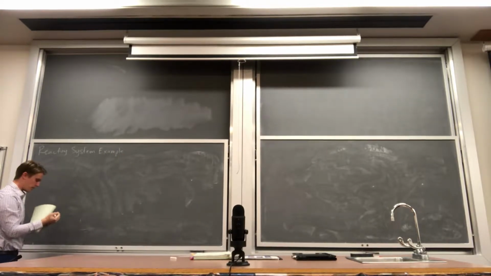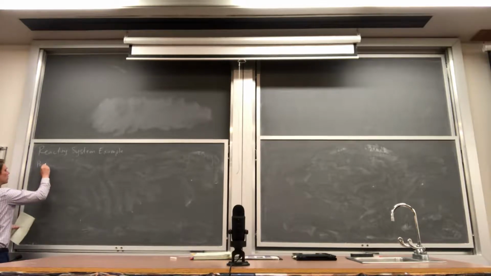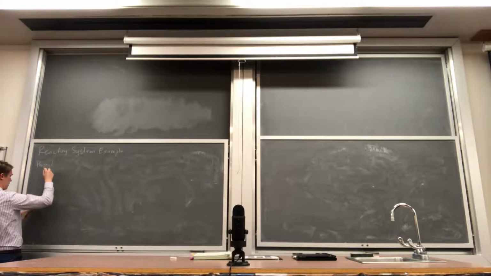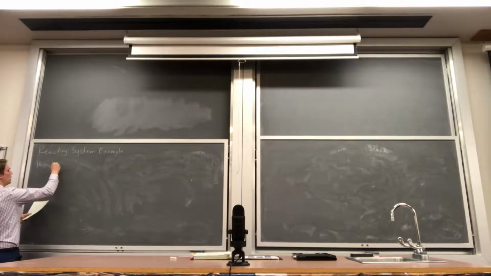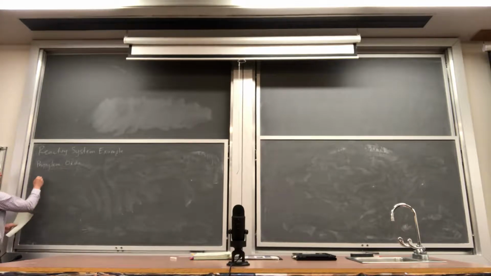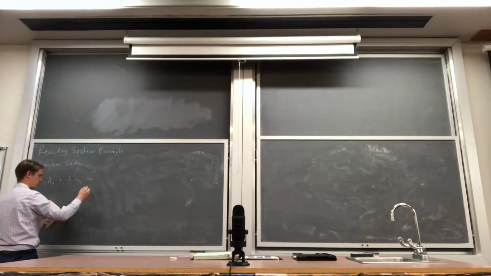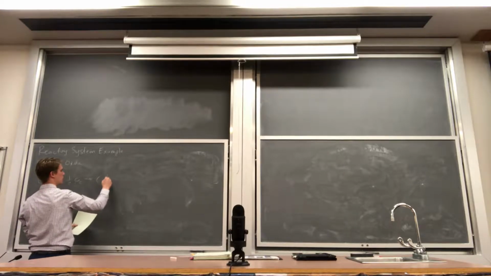All right, so this is propylene oxide synthesis. So we have propene, C3H6, so it's got one double bond, plus oxygen goes to our propylene oxide.